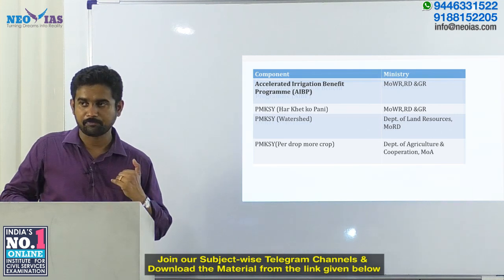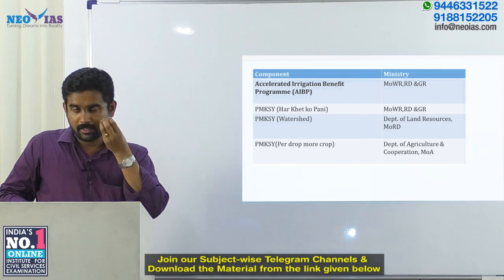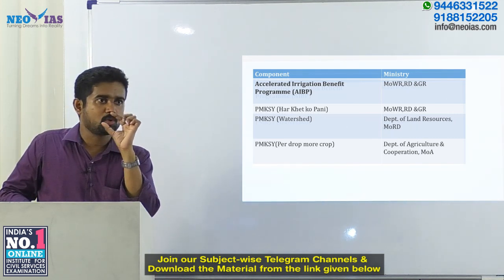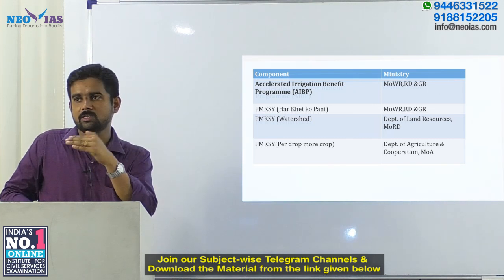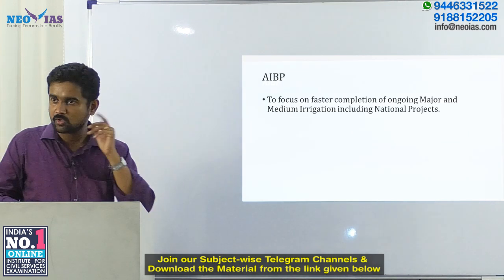Now, if you are going to study the scheme in detail, we need to understand the key components and key aspects of this, and also the purpose of each of these components. So with this angle, let us quickly move on to see the key purpose of each of these components.